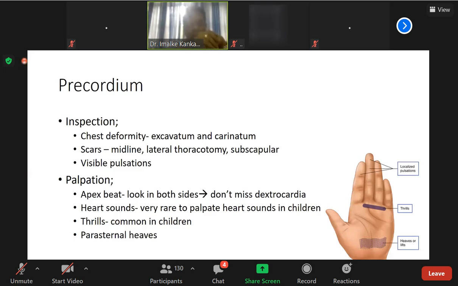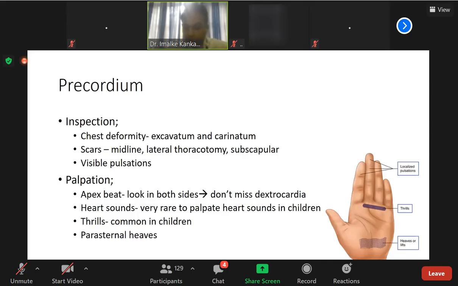But it's very important to look for surgical scars, because surgical scars are hidden. We don't usually keep surgical scars in public, right? So that's why surgeons put surgical scars under the scapula, under the axilla. So you have to actively look for them.